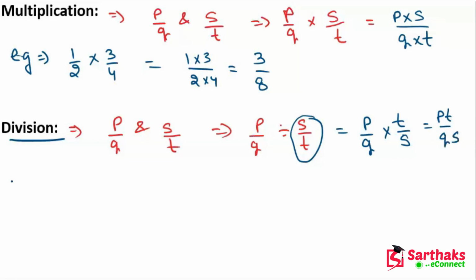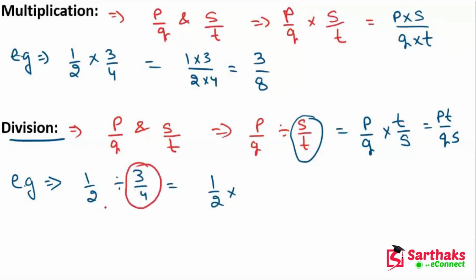Let's take an example. We have 1 upon 2 and we have to divide it by 3 upon 4. In this case, 1 upon 2 into, and this term will be changed, so it will become 4 upon 3.